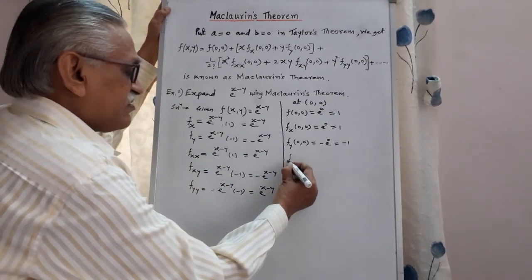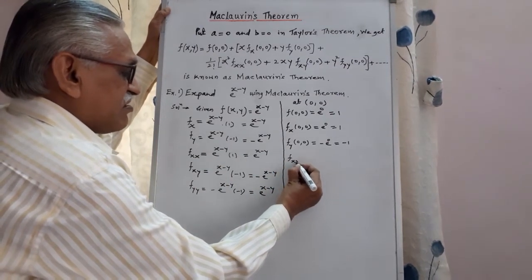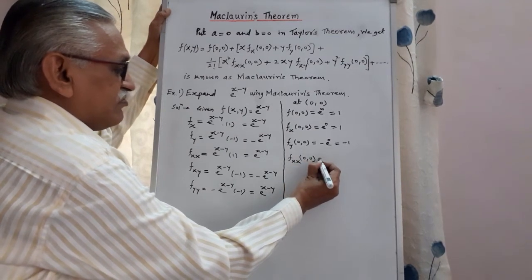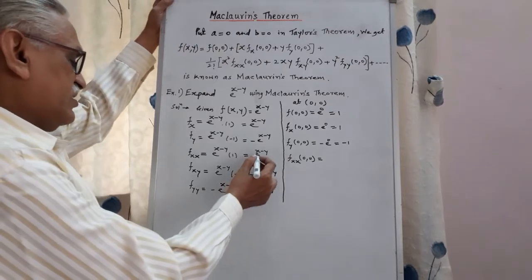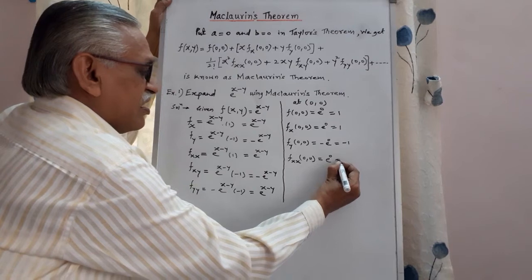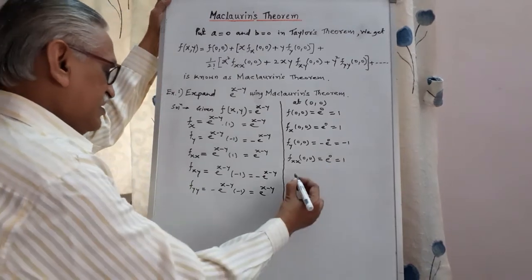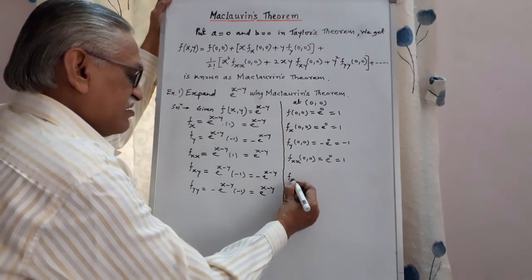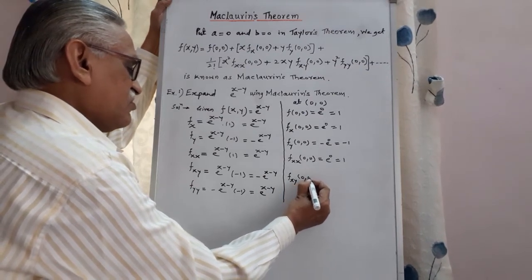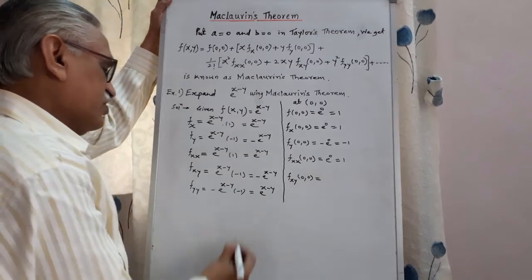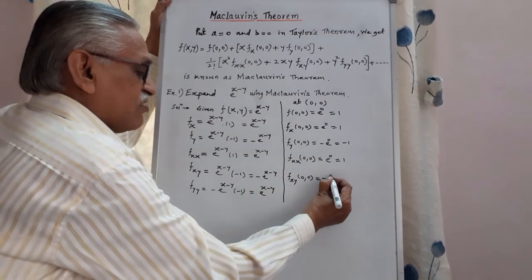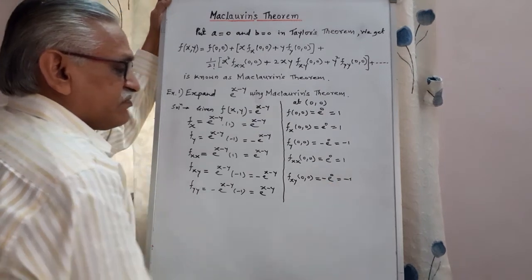f_xx at (0, 0) is e raised to 0, and e raised to 0 is 1. f_xy at (0, 0) is equal to minus e raised to 0, and that is minus 1.